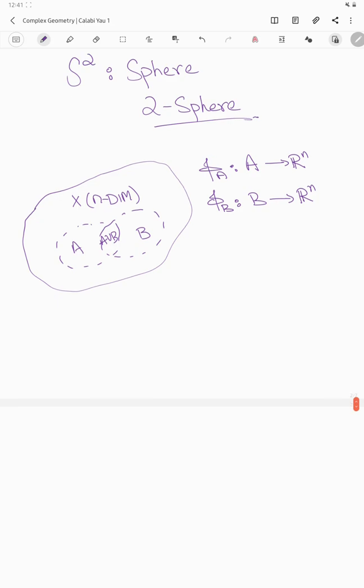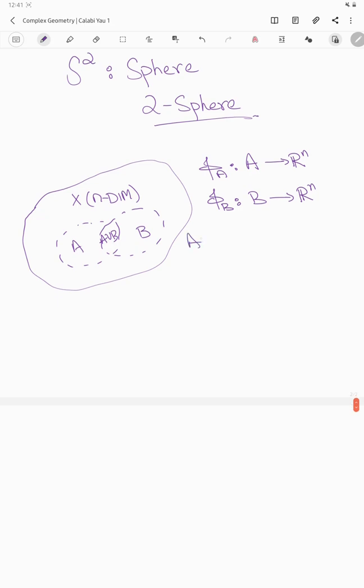And on this A union B part, we have phi A composed with phi B inverse. It is a map that takes Rn to Rn, but this belongs to some C^P, where P is for a P-smooth manifold, where usually P is taken to be infinity, for a smooth manifold.